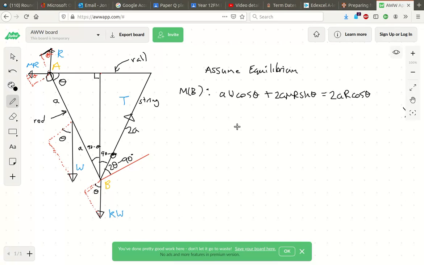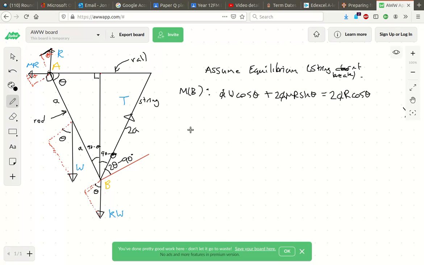Okay, so that's moments at B. Now, what have I really done here? I've said, okay, let's assume it's in equilibrium, which is another way of saying this time I'm assuming that the string doesn't break. I'm going to simplify this, and obviously the a's cancel again, and then using this and the ups equals downs principle and lefts equal rights principle, I'm going to use those three principles to try and come up with their inequality.